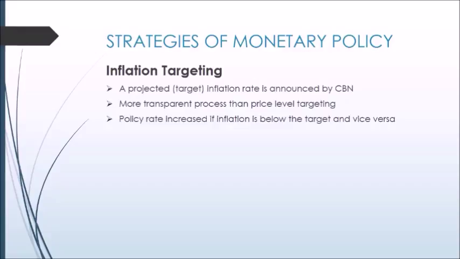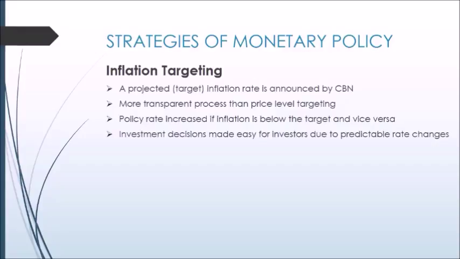If inflation is above the target, the central bank is likely to raise the policy rate and vice versa. Under the framework, the investors know the target inflation rate and therefore can more easily anticipate the interest rate changes and factor these into their investment decisions.